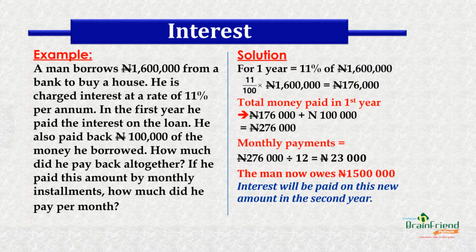How much did he pay back altogether? If he paid this amount by monthly installments, how much did he pay per month? Now let's proceed to see how we can solve this problem. The first thing is to find out what 11% of 1,600,000 naira is.